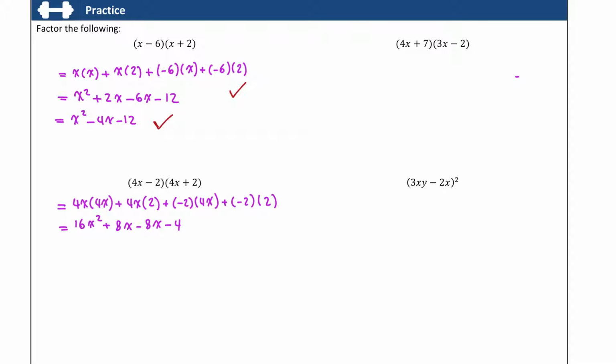I can simplify these, and I have a constant and no more constant. So let's simplify these. I get 16x squared. I get 8x minus 8x, which actually cancel each other out because it's like having 8 apples but eating all of it. And I'm left with -4 as my final term.